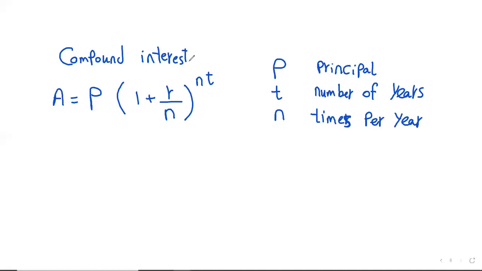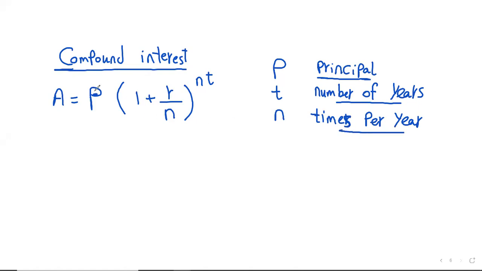What about the compound interest? We follow this rule in the compound interest. P is the principal or the original value, or the sum of money deposited in the bank. T is the number of years, and n is the number of times per year.